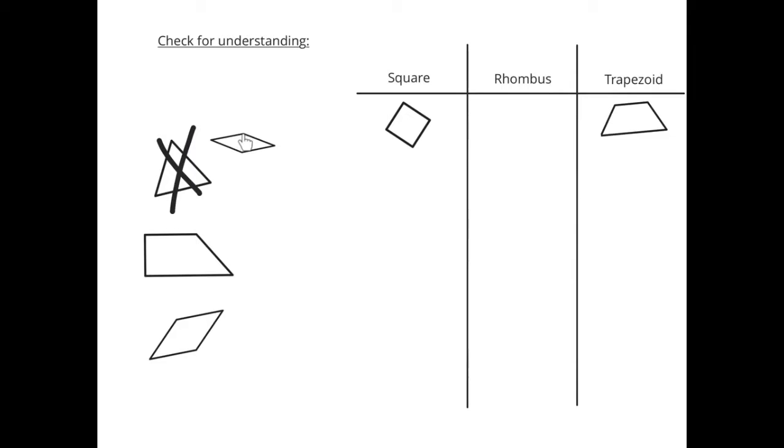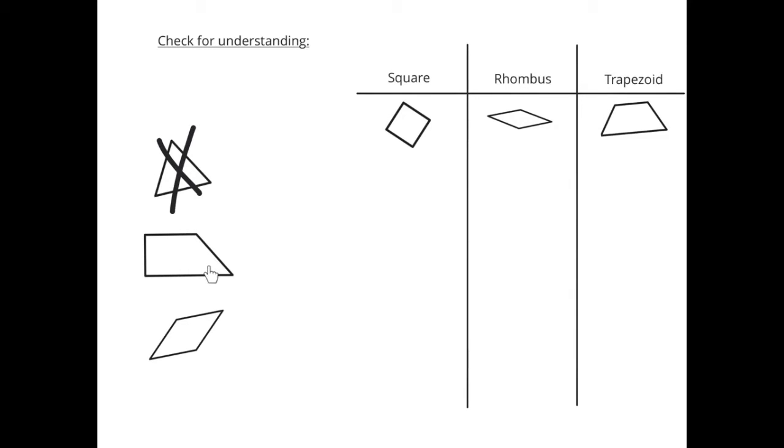Now we look at this one. It looks like it has 4 congruent sides, but it doesn't have right angles, meaning that it's not a square. So we'll move it to the rhombus category. Then we look at this one. It has 4 sides.